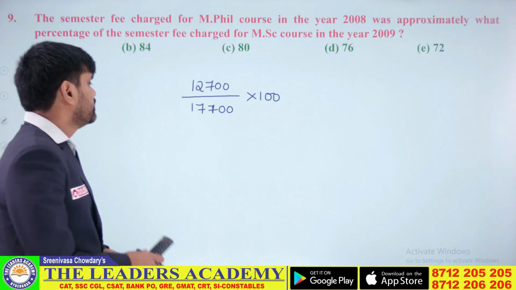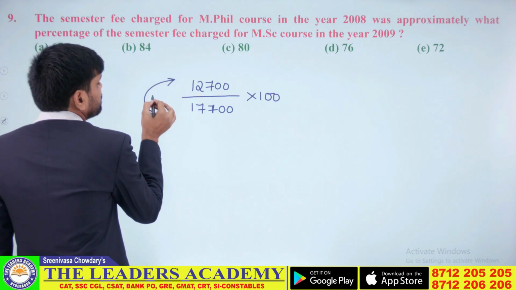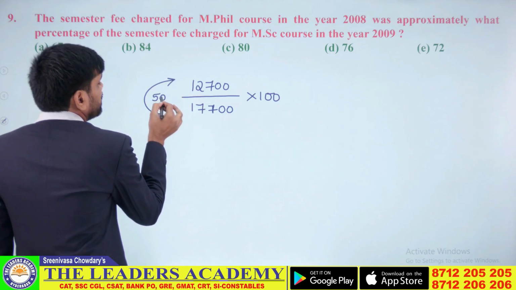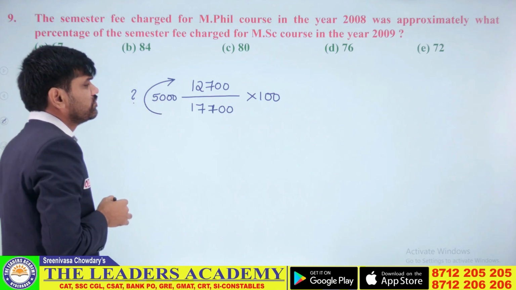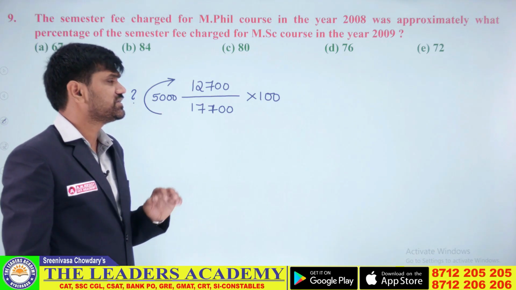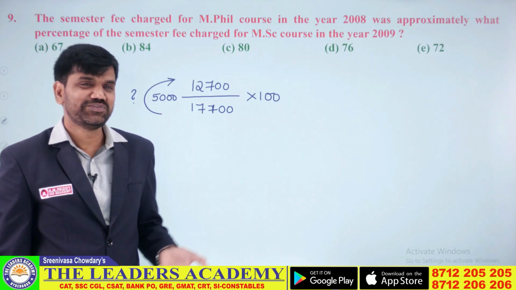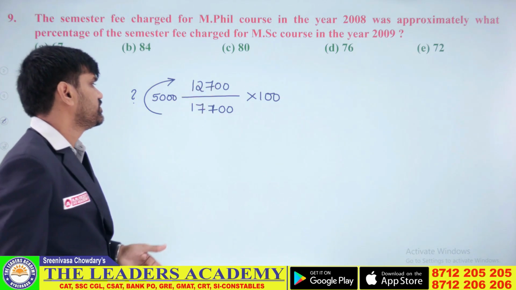We'll go ahead now. From here, from this one, how much I should remove to reach that one? I have to remove 5,000. I have to remove 5,000 means how much percent I can remove. So from that 100%, how much percent I can remove to reach there?